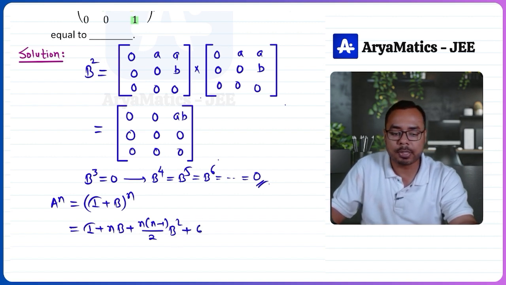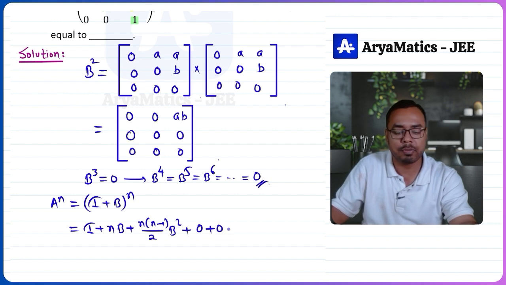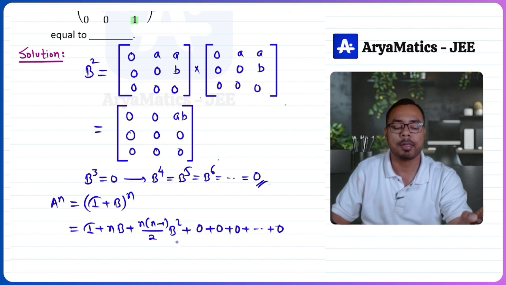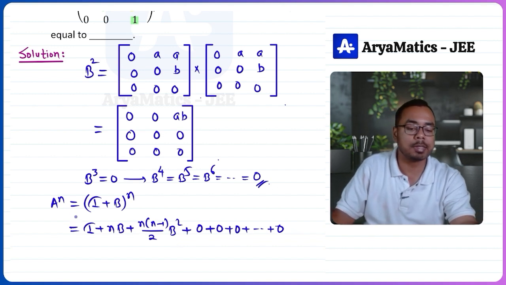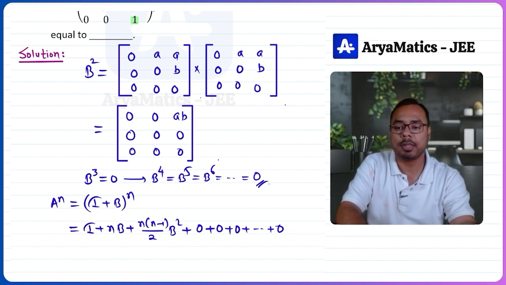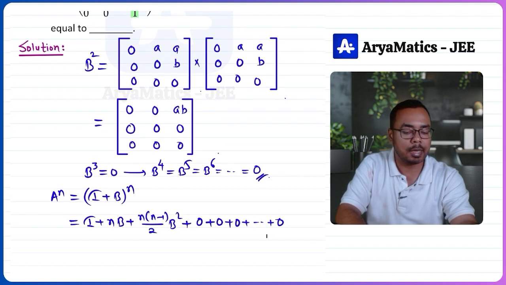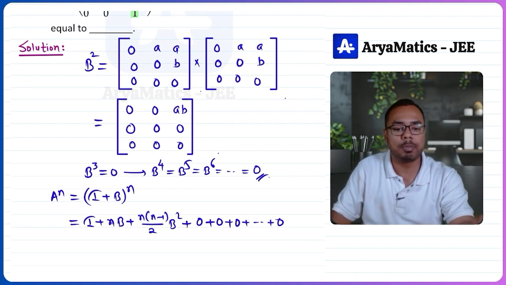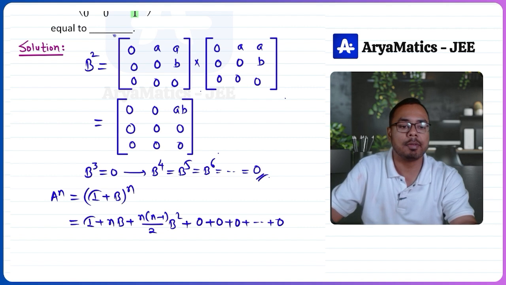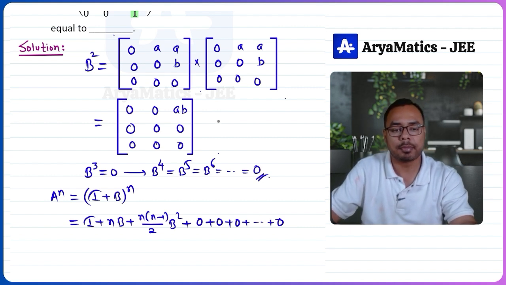And because B cube is the null matrix, B raised to 4, B raised to 5, all of them are null matrices only, right? So this is our matrix A raised to n: I plus n into B plus n into n minus 1 by 2 into B square. And the given matrix A raised to n, let me write that matrix here, and then we can compare the corresponding elements.